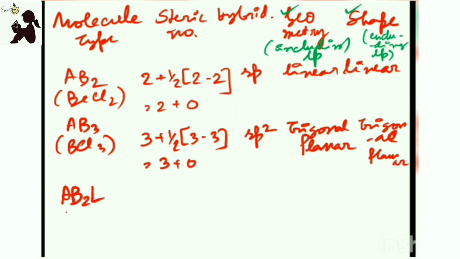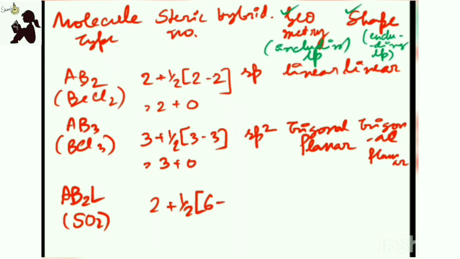Let us see an example of that. You can also remember the example, so you can easily deduce anything from it. How many surrounding atoms are we seeing here in SO2? There are 2 surrounding atoms plus half into the valency of S, which you can guess is 6.